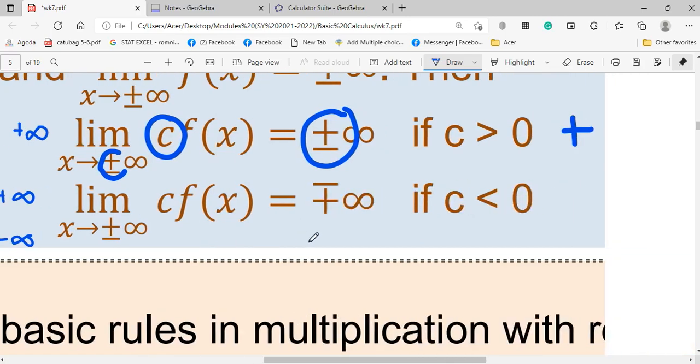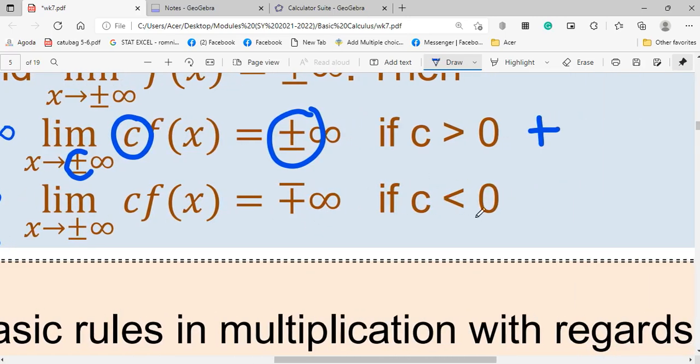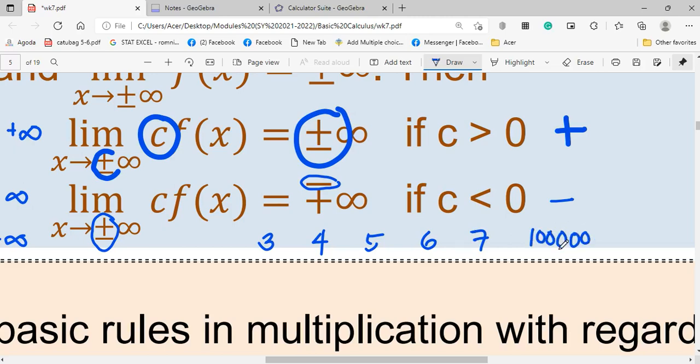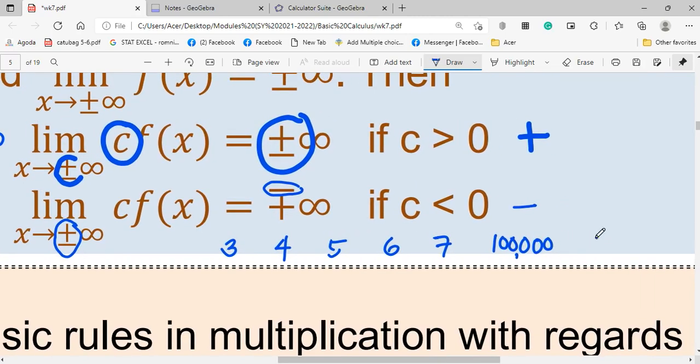Okay? Pero, ibang kaso daw kapag ang C naman ay isang negative value. Dahil babaliktarin niya. Kung x approaches positive infinity kanina, ang ilalabas na sa'yo ay negative infinity. Simple lang class ang ibig sabihin niya. Let's say for example, if you have 3, 4, 5, 6, 7, let's say 100,000, then tuloy-tuloy lang siya up to positive infinity.